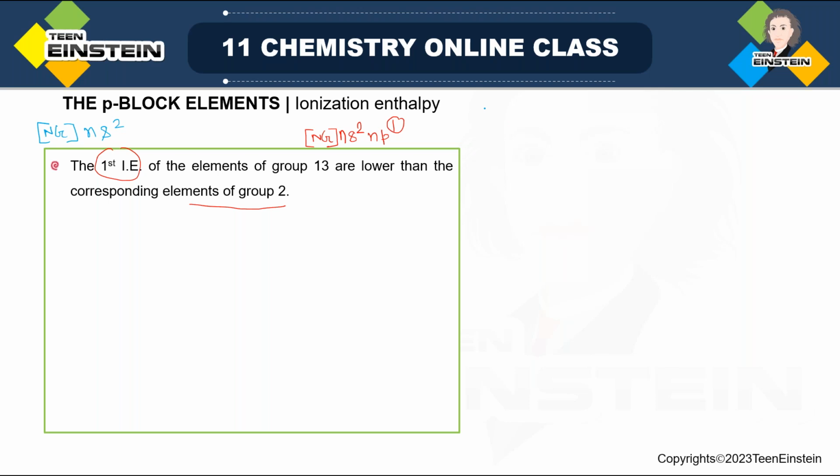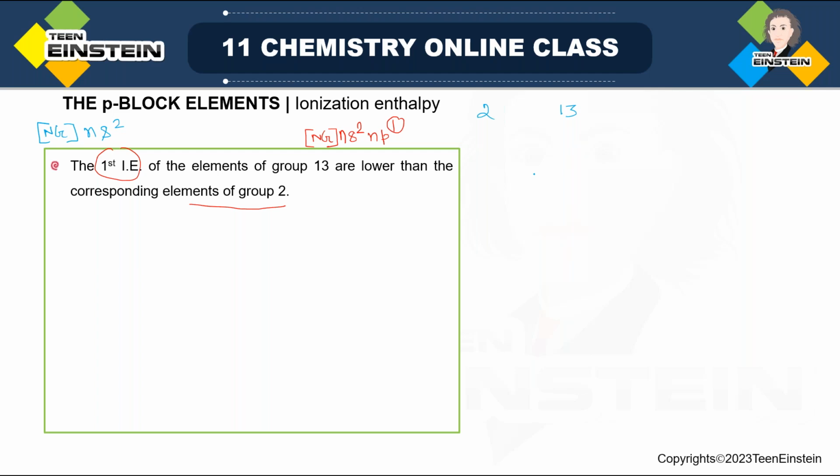Now group 2 and group 13 is basically on the right hand side, and in the periodic table we know when we move along the period from left to right, ionization enthalpy in general increases because of the decrease in size. So removal of the most loosely held electron in the valence shell is very difficult. But here you are seeing the opposite thing. So what is the reason behind this exception?